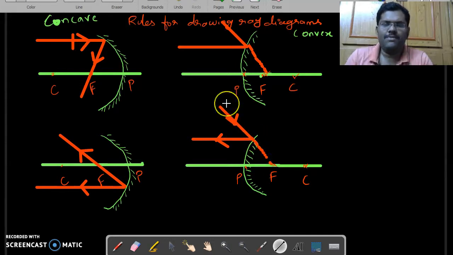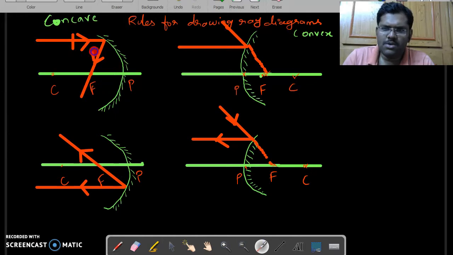This is the very first rule you need to follow while drawing the ray diagrams. Anything which is passing parallel with the principal axis passes through the focus.